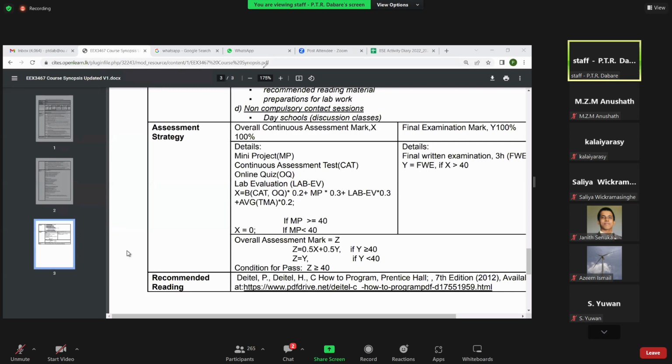You might fail the subject, but if you deliberately skip one thing, then it's a waste of one year. So that's why you have to know, because for this course 3467, this is the criteria.